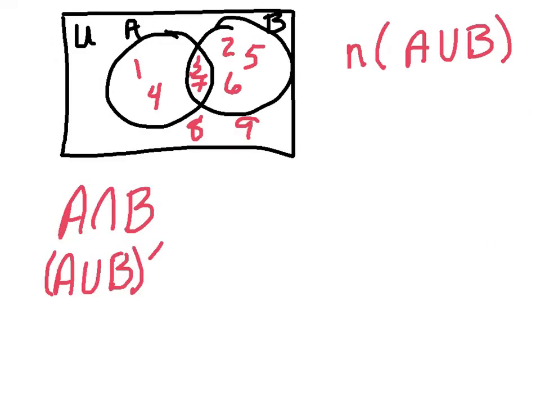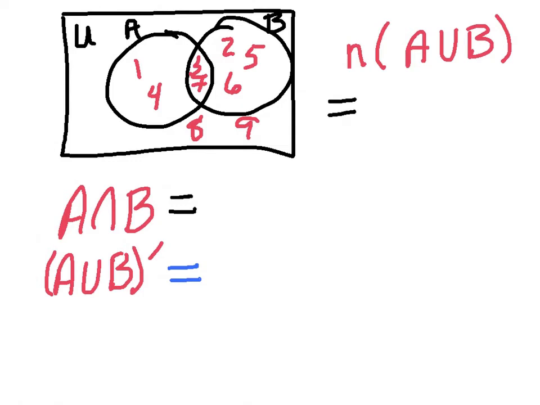Okay, for the final slide here, I've put the same universal set, A and B. A has 1, 4, 3, 7. B has 2, 3, 5, 6, 7. And outside of A and B, but in the universal set, are 8 and 9. So what I would like for you to do is pause the video and solve this problem, A intersect B, this problem, A union B complement, and then this problem up here, which has a new notation.